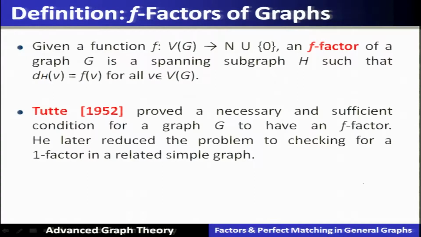Tutte proved a necessary and sufficient condition for a graph to have an f factor. He later reduced the problem to checking for a 1 factor in a related simple graph.